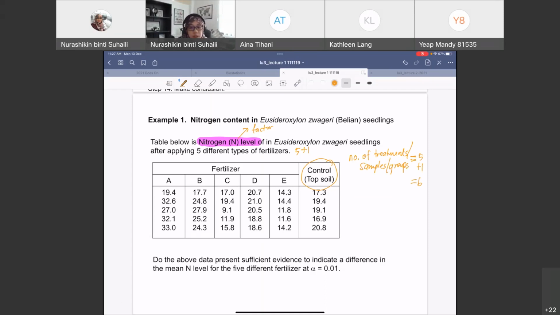If you don't understand the problem, you just accept the words literally. You would take 5 because it says 5 different types of fertilizer. What is this control all about? You still want to compare with the fertilizer. So in general, the whole number of treatments is 6.